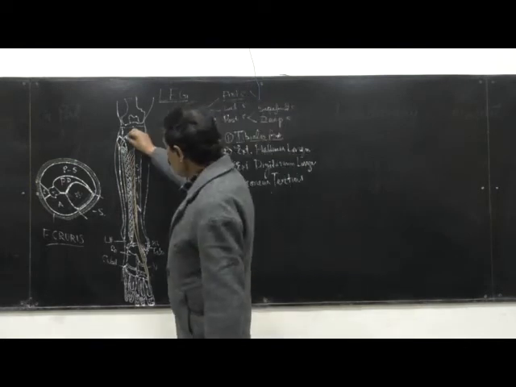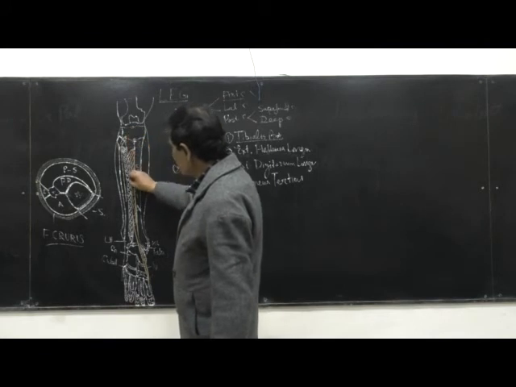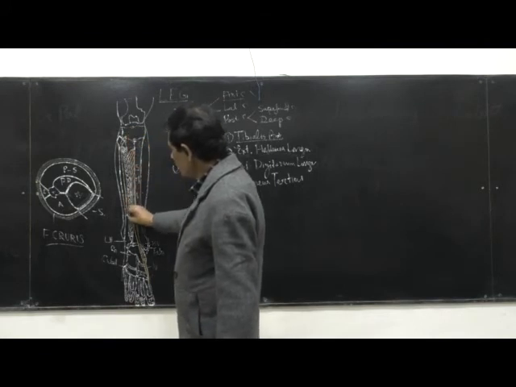Then this muscle will run downward toward the foot, to the tarsal bone, because its name is hallucis.